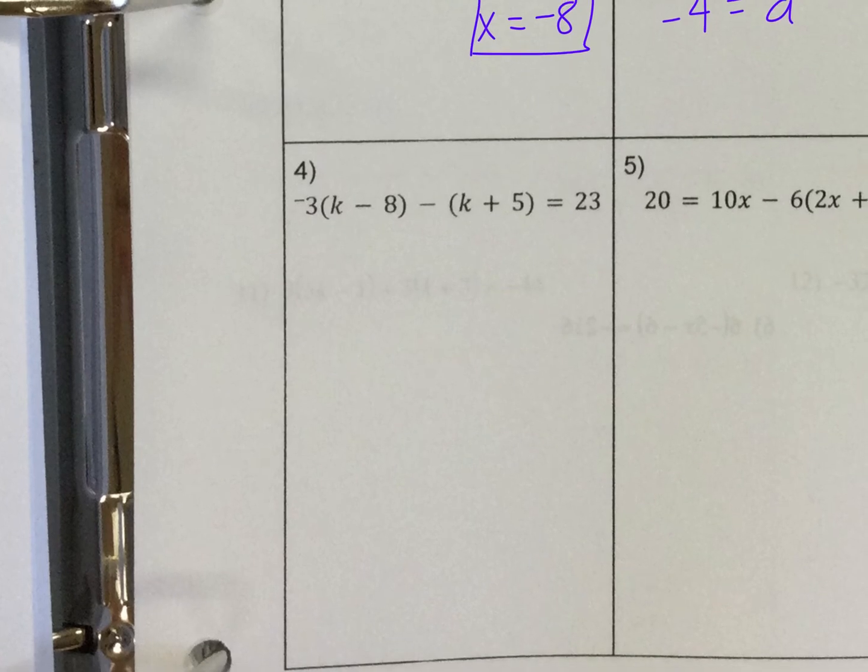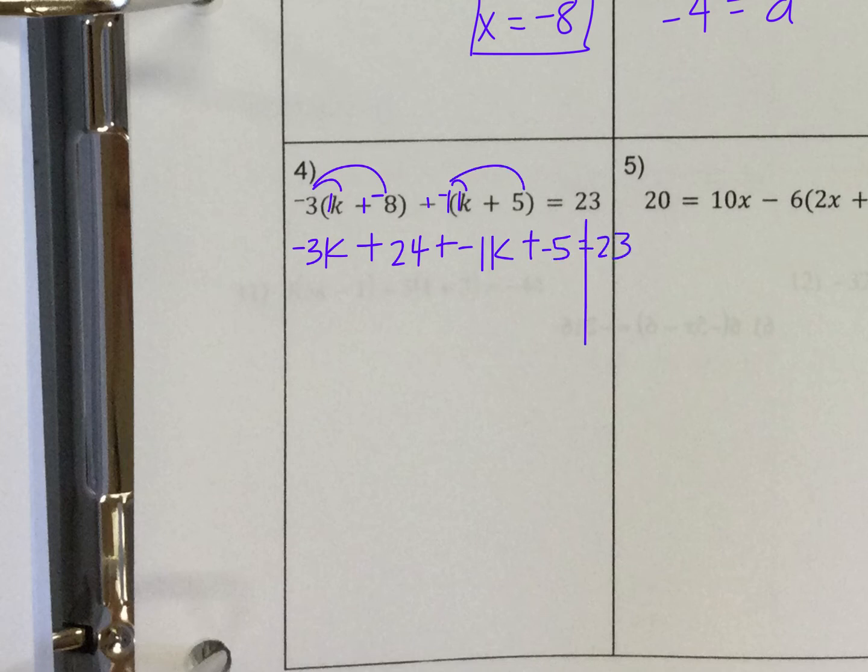Number 4, we're going to have to distribute twice. So, first I'm going to do the negative 3. So, negative 3k plus 24. And then I'm going to distribute the negative 1. And it's going to equal 23.